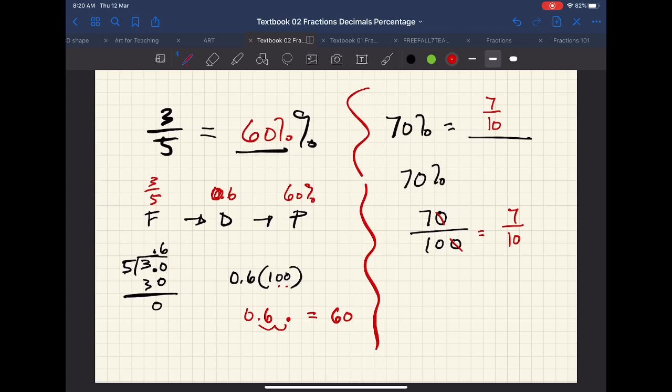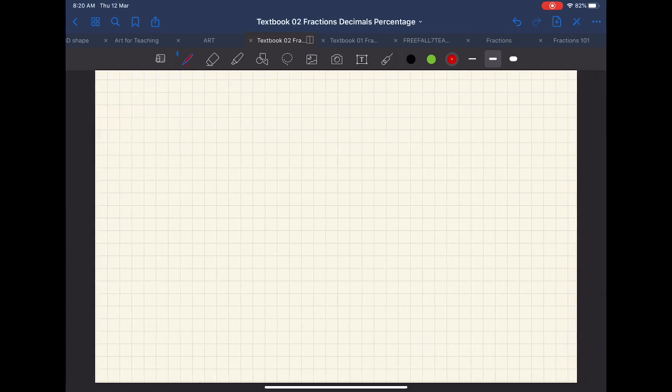Okay? What if it's 650%? Oh no, what do? Same thing. 650 divided by 100. Okay? So now you see we can cancel this. This will leave you 65/10, which is what kind of fraction?